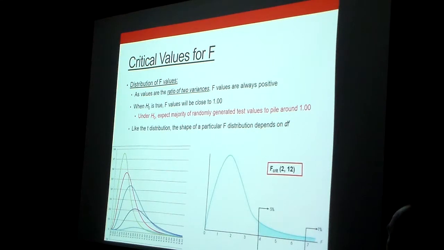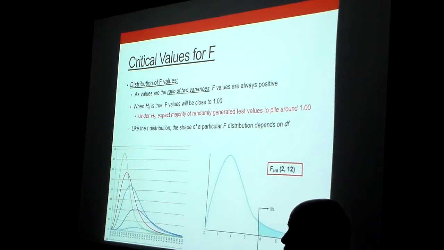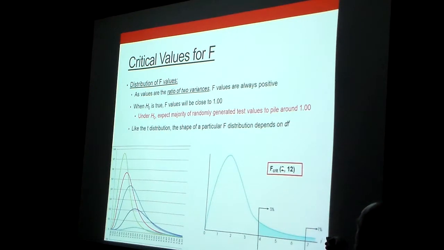So for our example that we ran here, we had an F statistic of, what was it? Our total F is 11.2 something, right? And for our critical F with 2 and 12 degrees of freedom, your critical value is going to be based on your degrees of freedom between and your degrees of freedom within.